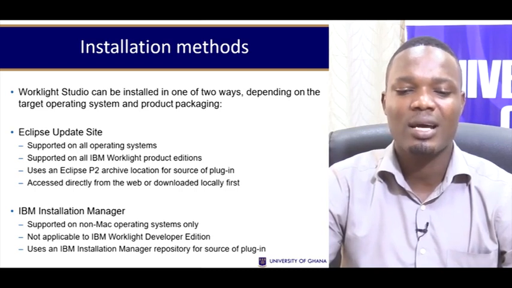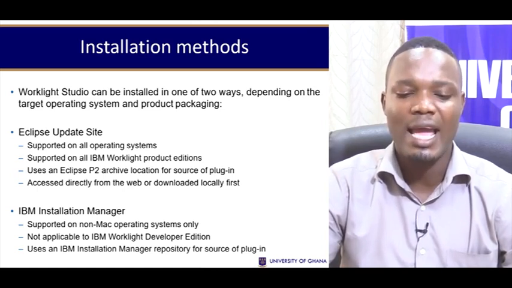The second approach is using the IBM Installation Manager. This is supported on non-Mac operating systems only, is not applicable to IBM Worklight Developer Edition, and it uses an IBM Installation Manager repository as the source of the plugin.